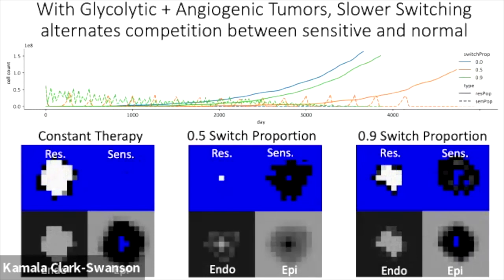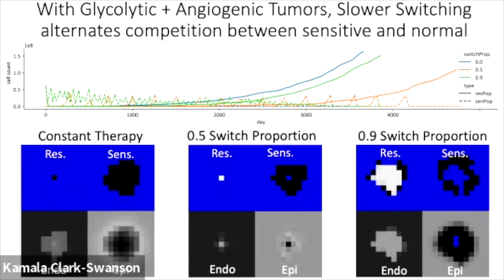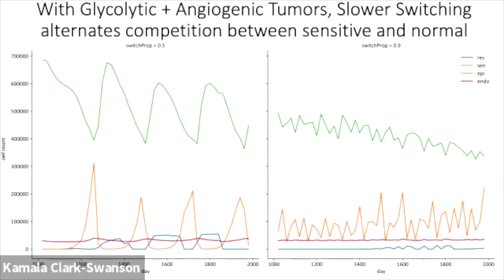They're outcompeted because of the lack of resources. And so you get this back and forth where sometimes the epithelial cells are using the vasculature the sensitive cells created to form that wall. Other times the sensitive cells are using the angiogenesis to grow in the absence of drug, and using the glycolysis to keep the epithelial cells out.